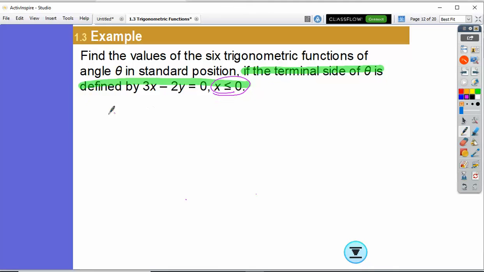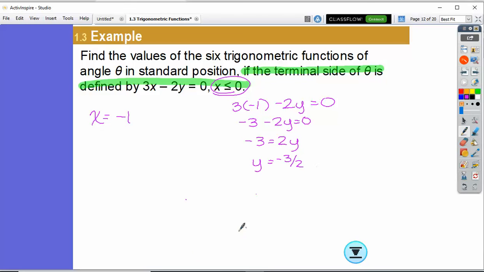So I need a positive or negative number here. Which one? Negative. So give me a negative x number. Negative 1. If we want to find our y, we're going to plug our x in. Divide by 2, and my y is negative 3/2.